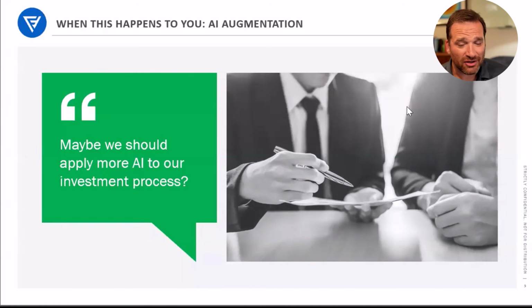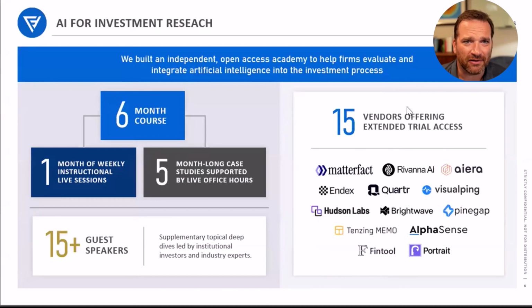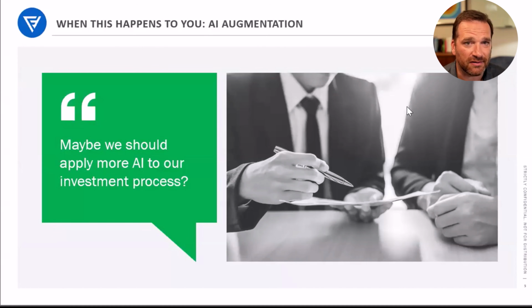I'm not the most technical person in the world, but I'm pretty good at workflows and pretty good at distilling things. So we put together a 6-month course of 1 month of live and five-month-long case studies with guest speakers and vendor trials to really explore this very simple question of maybe we should apply more AI to our investment process. Some of the question is it's not an obvious answer, right? Which we'll explore a bit in this webinar as well.